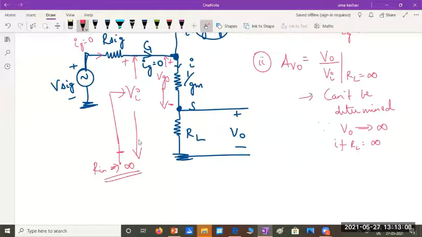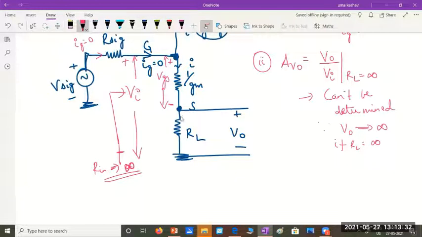Okay. Here, infinity means it is a very high value only. It is a high value which you cannot conceive. You can't think of it. That is infinity. So here, if this RL is not there, when I say RL is infinity, it means I'm going to open circuit this.